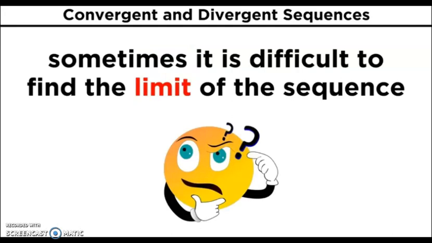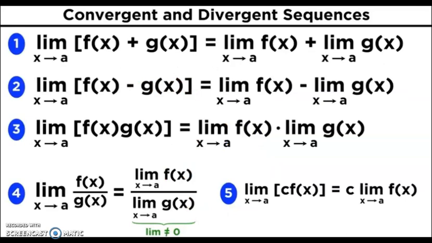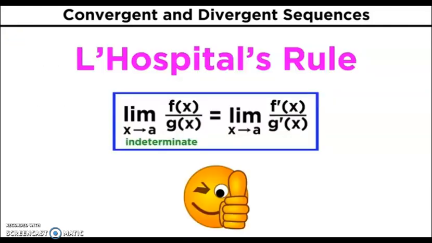There are some sequences for which it's a little trickier to determine the limit, and with these it may be useful to apply some of the limit laws. We already know they could help us manipulate things into a form where the limit is easier to assess.